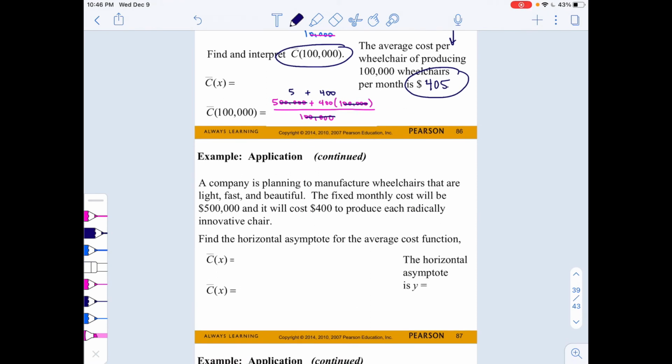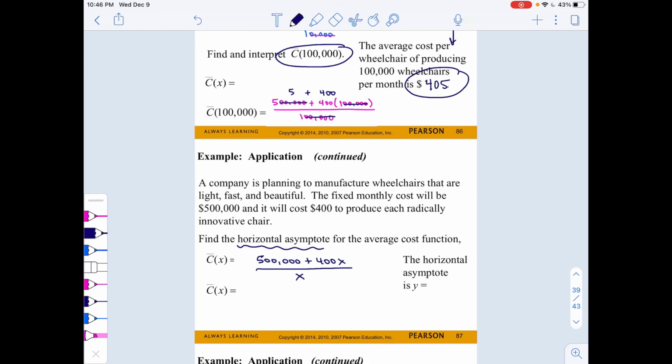Let's take a look. It tells us to find the horizontal asymptote. That horizontal asymptote is going to tell us what number we're getting really, really close to but never going to touch. If I were to find the horizontal asymptote of my function, if you remember our function was 500,000 plus 400x, divided by x.